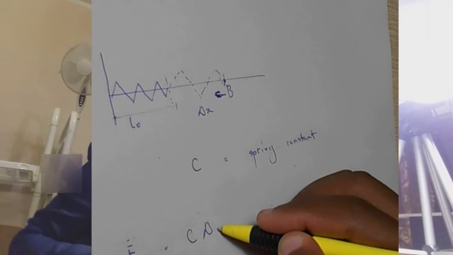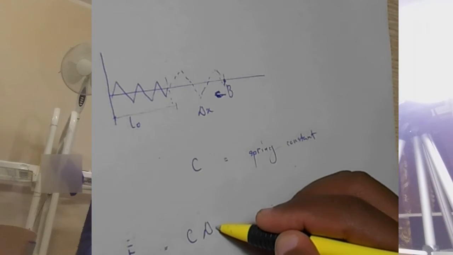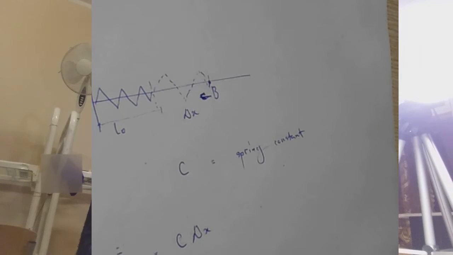So how do we define a spring constant? Spring constant is the amount of force that is required to stretch that spring by 1 meter. So it's defined as Newton per meter.